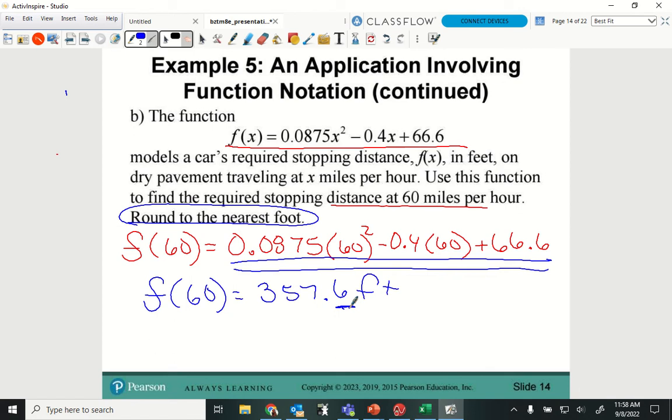So f of 60 is gonna be about 358 feet. So here's what I had the answer in the first place, and when I round, I use my approximate symbol to say it's approximately that answer. A lot of people had trouble with the rounding on that last test.